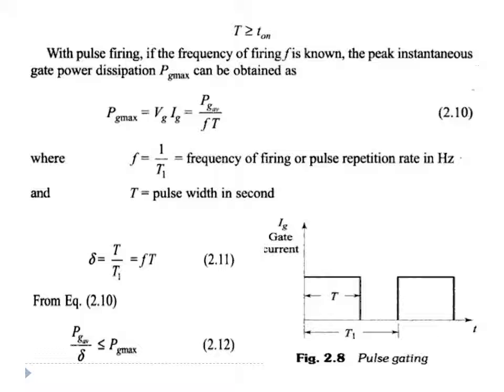It is given by delta equal to T divided by T1, which is equal to F into T, since 1 by T1 is F. So I can say Pg average by delta will be less than or equal to Pg maximum. This is pulse gating.